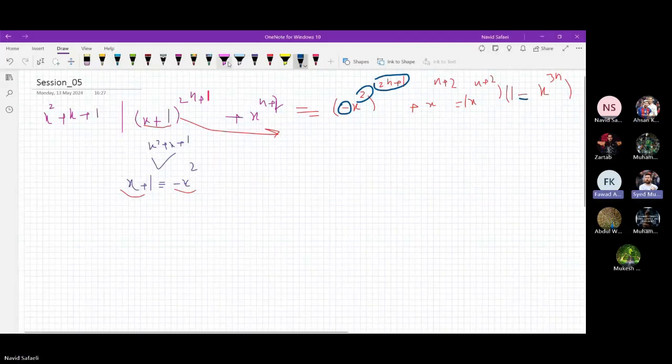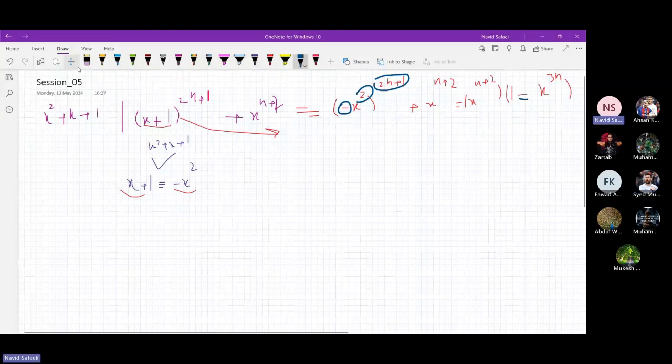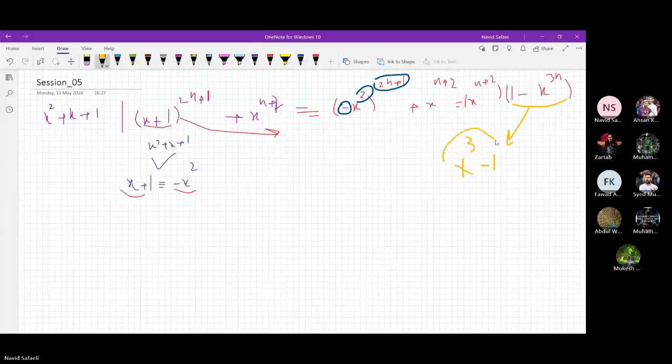Yes, sir. Look at here. This is divisible by x cube minus 1. Do you agree? Yes, sir.